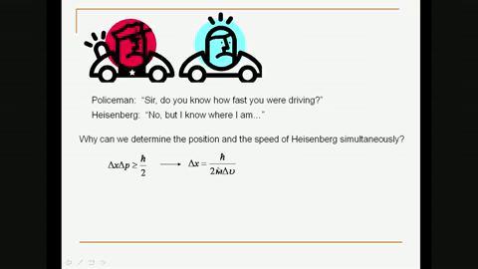If the mass is a mass of a macroscopic object, this number here becomes very, very small. That's because this is small and we are dividing by some very large number. We get very small delta x, that is very small uncertainty in the position. So if this was the mass of Heisenberg, this delta x here would be practically negligible.